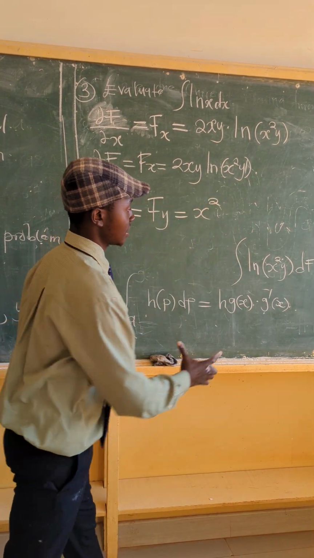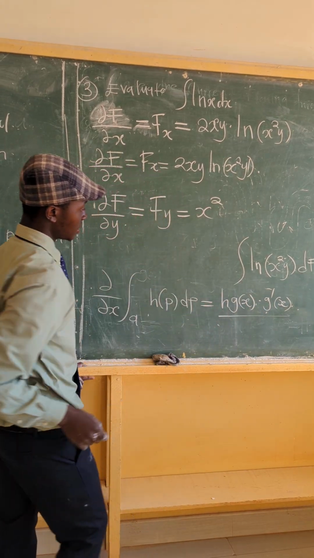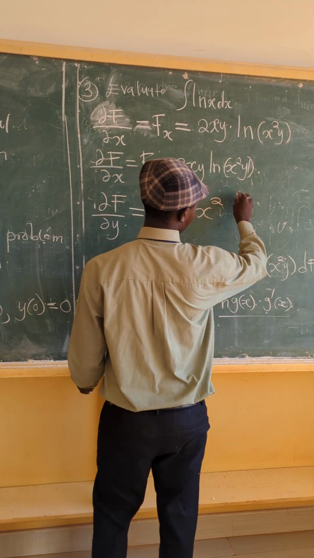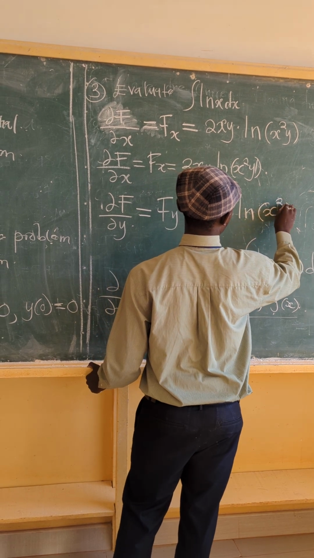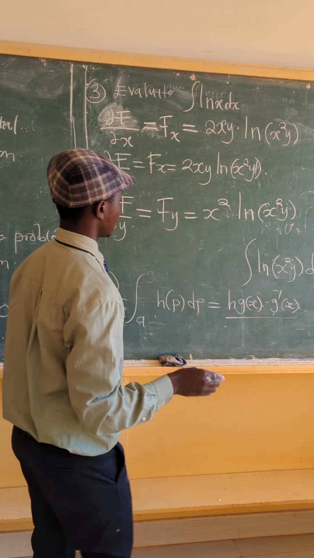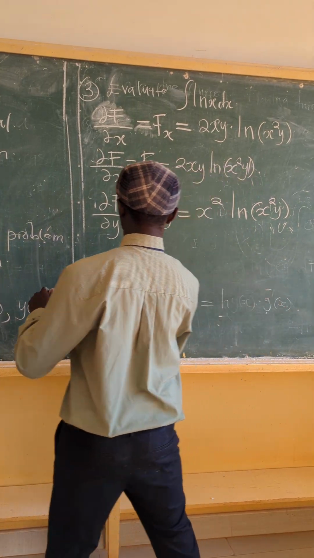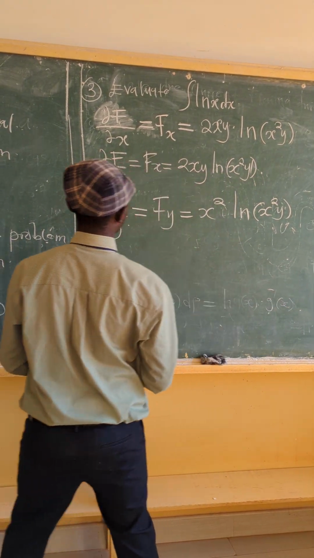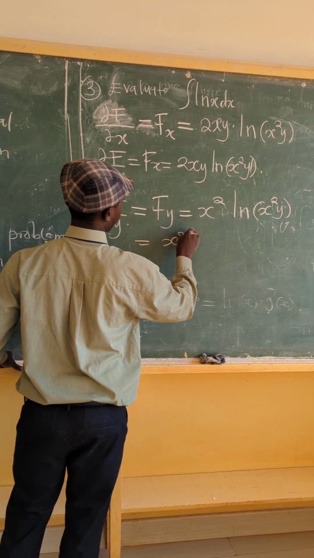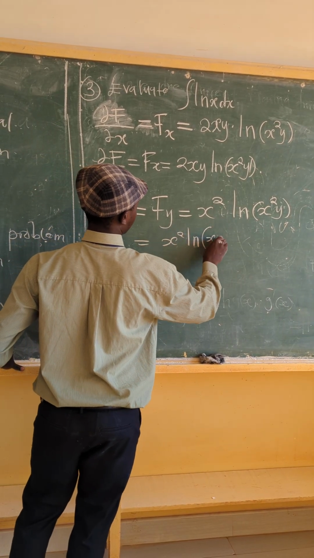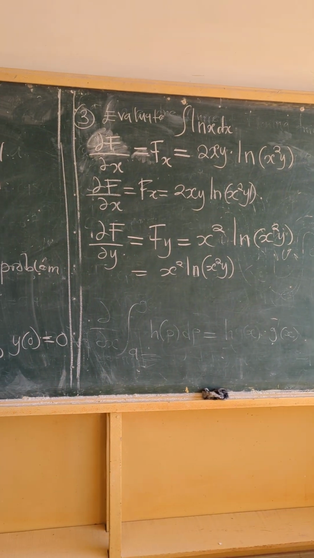Then we repeat everything in the integral, ln of x squared y. So we conclude: x squared ln(x squared y). This is the partial derivative with respect to y.